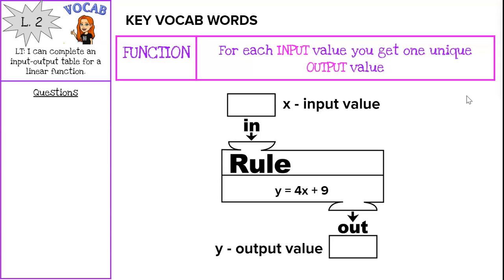Key vocab words continued. Function. For each input value, you get one unique output value. So a function could be like an equation where you have y equals 4x plus 9. It could also be like a vending machine where you have all of your snacks.